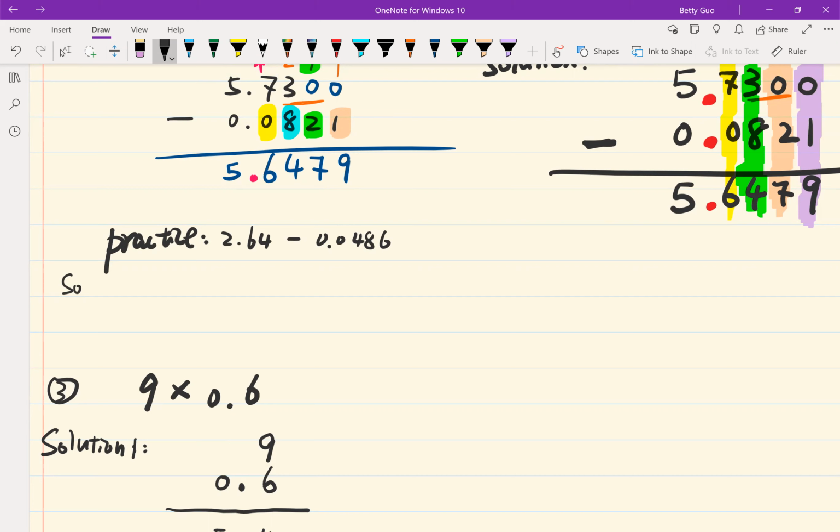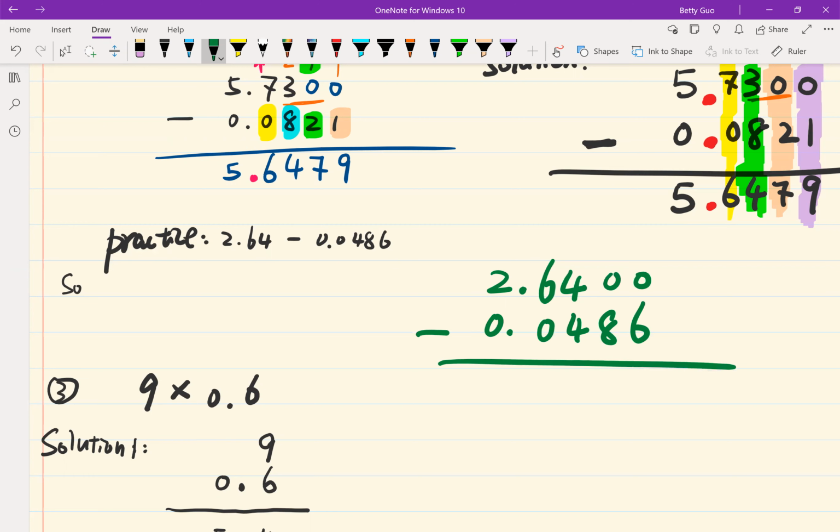Firstly, line them up vertically. You want to use a 0 to hold the places.